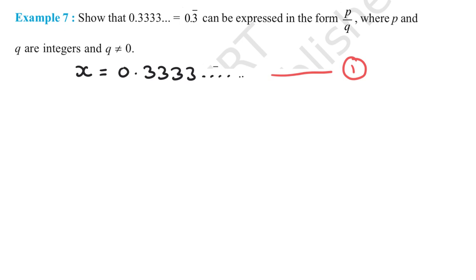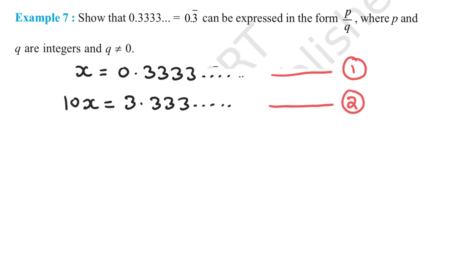So now, since only one digit is repeating, we will multiply both sides with 10. So when x is multiplied with 10, it becomes 10x equal to, when 0.333 is multiplied with 10, you shift the decimal point 1 digit to the right, it will become 3.333 and so on. So let us label this equation as 2.